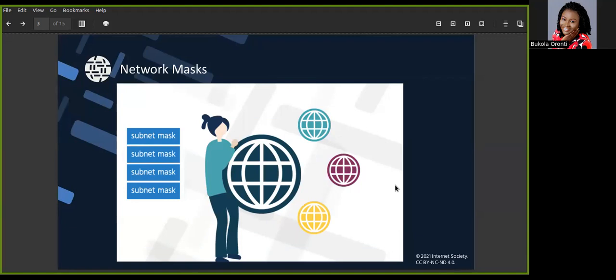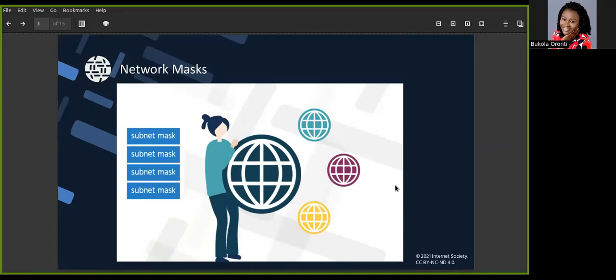A subnet mask, or network mask, is a number that defines a range of IP addresses that is available within a network. Like I said earlier when I was introducing IPv4 and how it looks numerically, there's a part of it that identifies the network and another part that identifies the host.